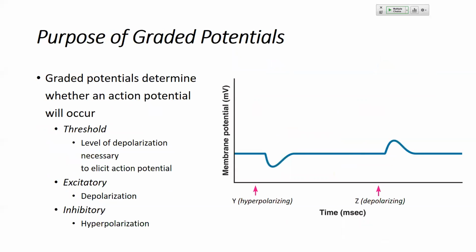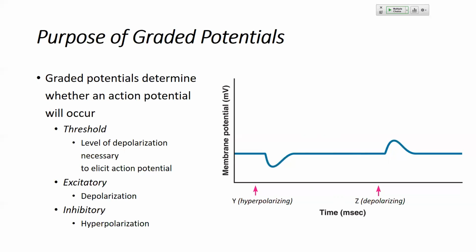Now, the purpose of graded potentials is to determine whether or not we will reach threshold, whether or not we can stimulate an action potential. And so basically, you may have a positive or an excitatory graded potential, or you can have an inhibitory graded potential. And that will determine whether or not you were able to stimulate an action potential.